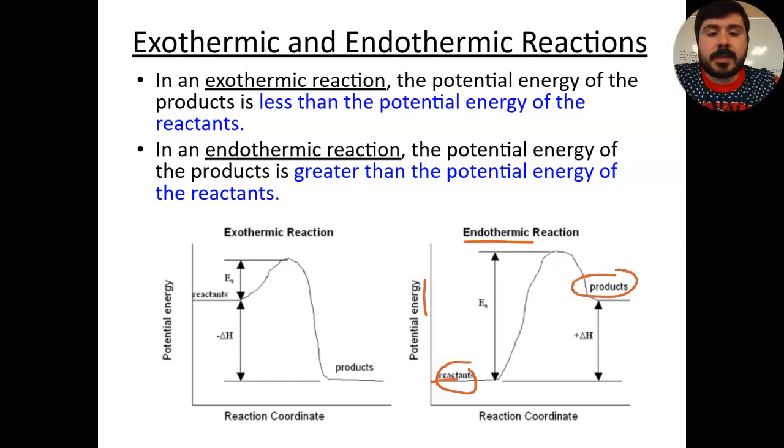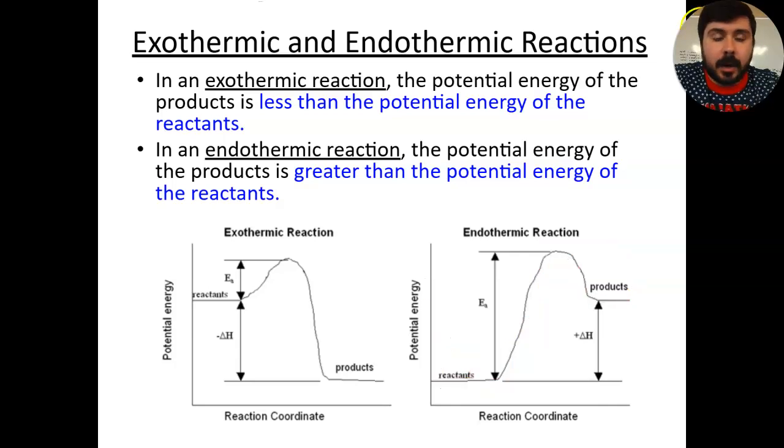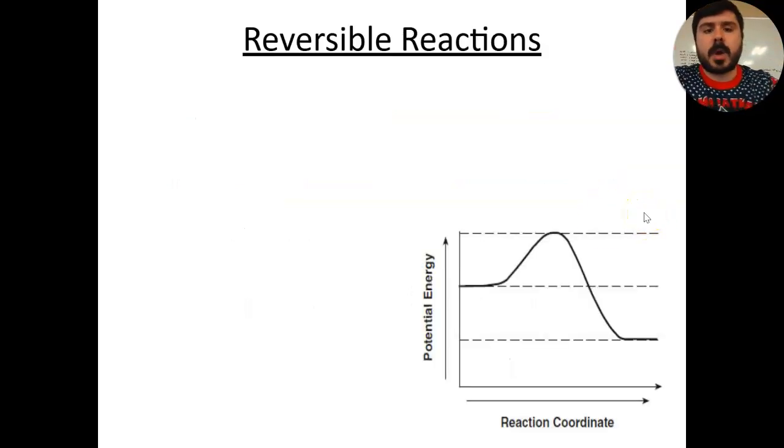So as you notice this curve going from left to right, again, my very horrible drawing there with my line, the energy of our reactants is much lower than the energy of our products, which is much higher, okay? So that's one of the best, if not the best, ways to determine if a potential energy diagram is either an exothermic reaction or an endothermic reaction, right? Pretty basic. So look out for where the reactants and the products are.